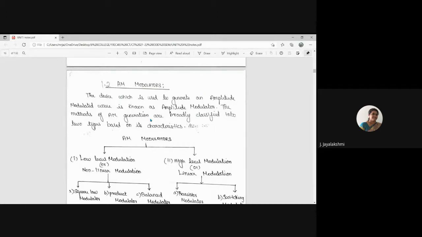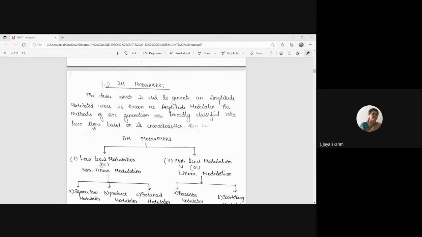So what is amplitude modulation? What do you mean by amplitude modulation? Tell me the definition. What is amplitude modulation? Varying the amplitude, ma'am.